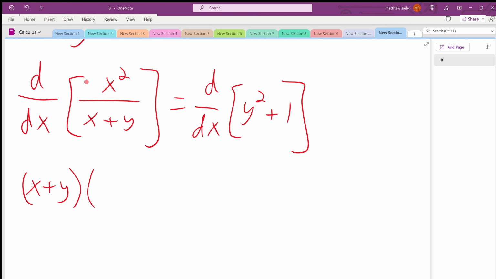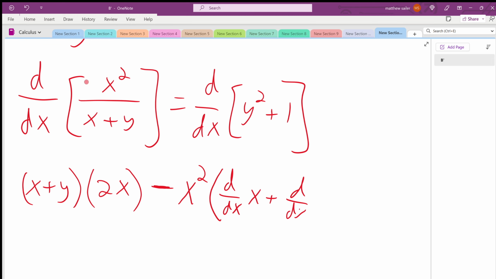So in this case, derivative of the top, x squared, I bring the 2 down, we'll just get 2x. Minus, this time, the top, x squared, times the derivative of the bottom, so d over dx of x plus d over dx of y.